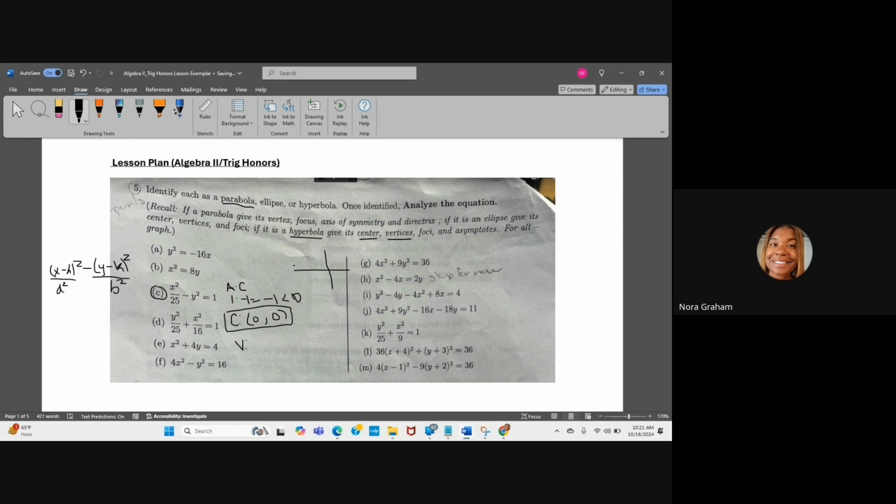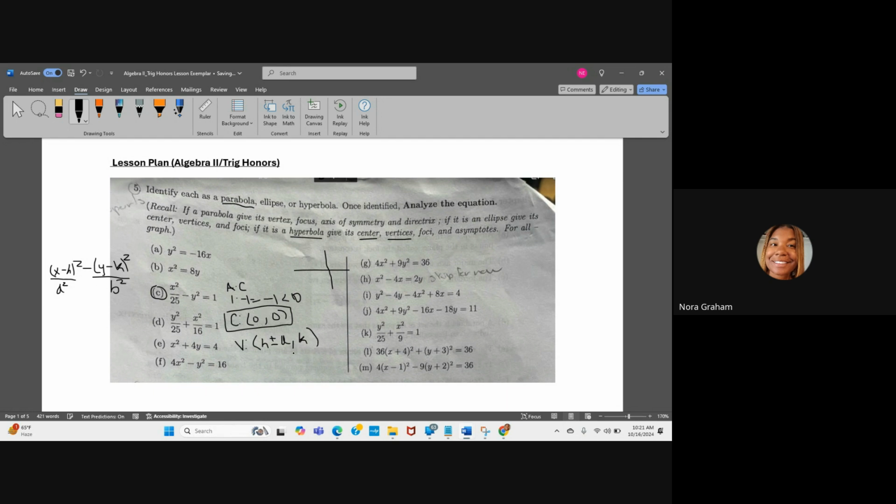So I'm manipulating my x-axis, which means for my vertices I'm going to do h plus or minus a. Now, if my a was under my y, then I would do h, comma, and then mess with my y coordinates. And so this one is going to be k. Sorry.